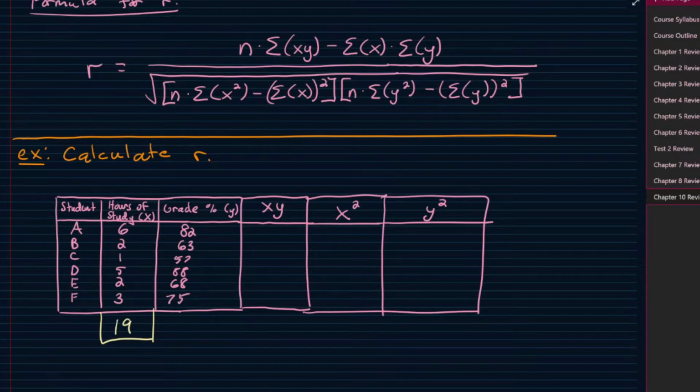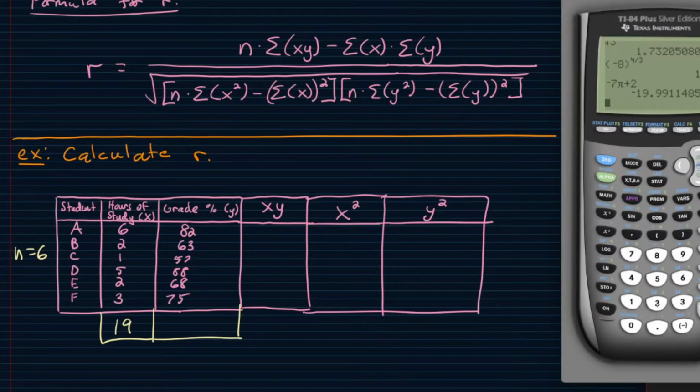Also, our n here, the number of data values, essentially the number of rows that we have, is in this case 6. And for the sum of all the y's, I'll get the calculator up for this one. 82 plus 63 plus 57, 88, 68, and 75.